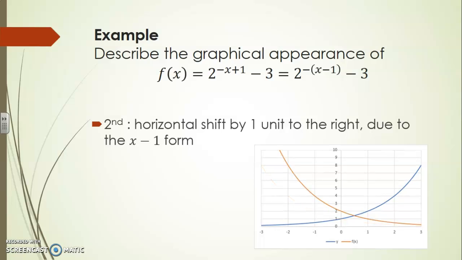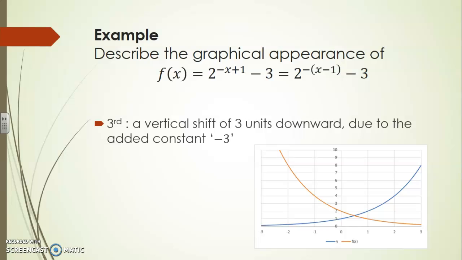Secondly, the curve can be shifted 1 unit to the right due to the x minus 1 form. In this case, h is 1, and recall that it causes a 1 unit shift to the right. Notice how the orange curve has been shifted by 1 unit relative to where it was a few moments ago.